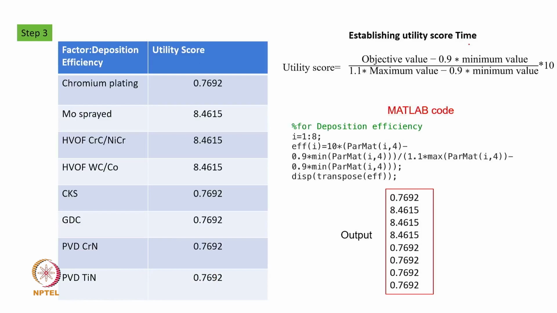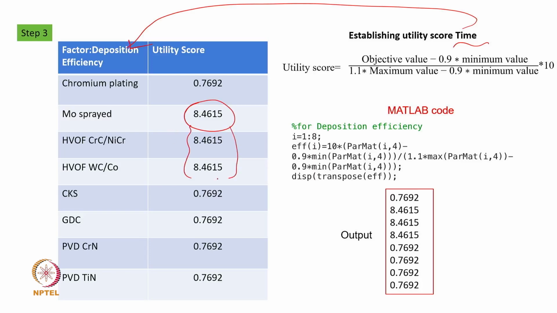Coming to the next one, the time, which is related to deposition efficiency. Deposition efficiency can be quantified from a material utilization point of view or a time point of view. Here we are focusing only on the time point of view, not the material utilization point of view. You can see that MOS spray and HVOF are much faster because in thermal spray we have an automation system, so they get a higher rank compared to the other cases.